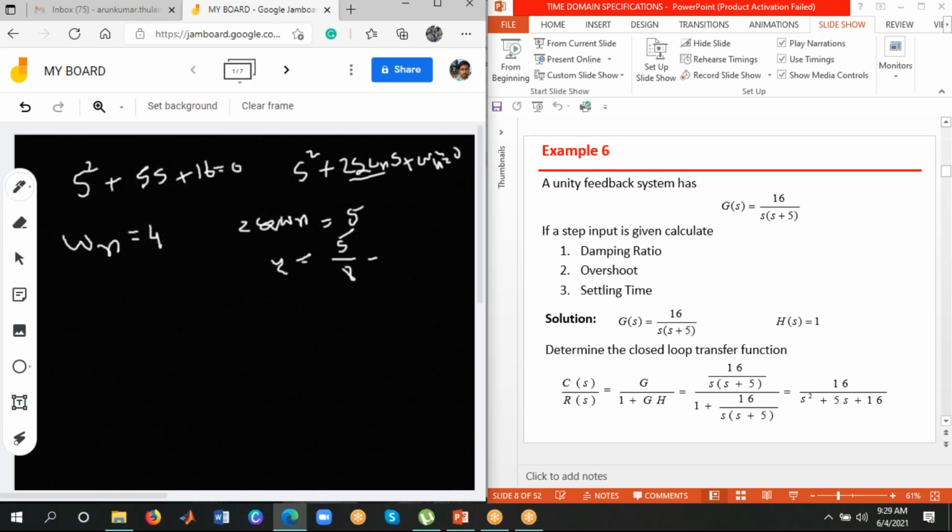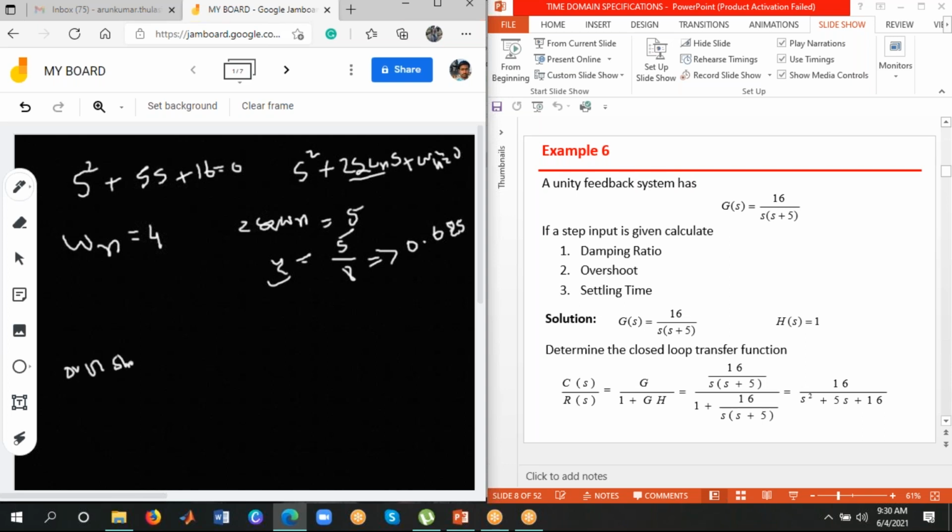What is the value of 5 by 8? 0.625. So the zeta value is 0.625. The first answer is: the damping ratio is 0.625. Okay? They ask for damping factor and damping ratio.